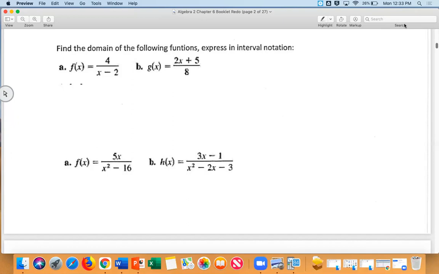Justin, what are the factors of -16 that add up to 0? 4 and -4. So the first thing I'm going to do is I'm going to do x minus 4 and x plus 4. And then I'm going to set each one of those equal to 0.